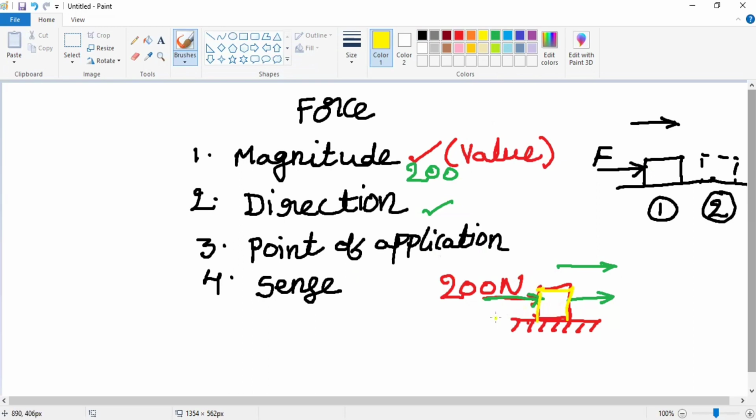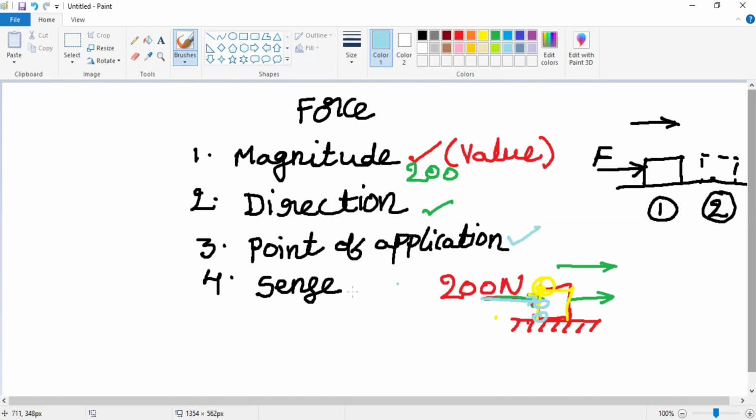Suppose this is the first position, this is the second point, this is the third point. Here we are applying the force at this point. So we have to decide where we want to apply the force.